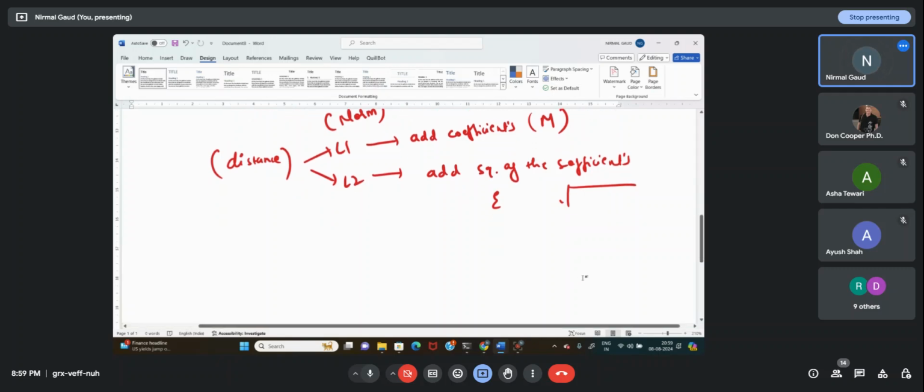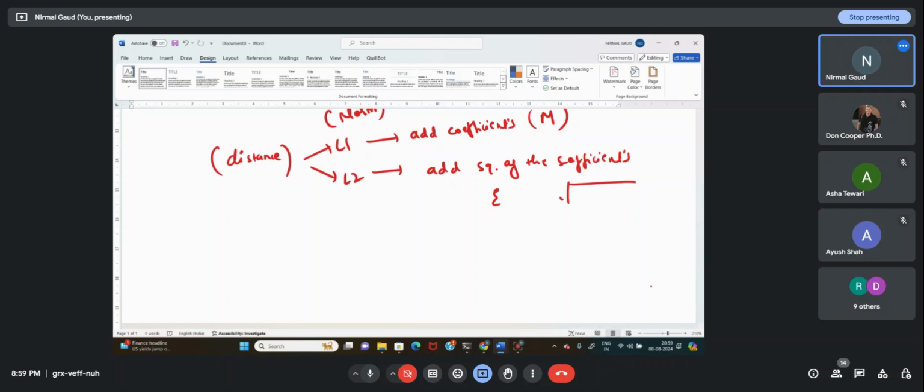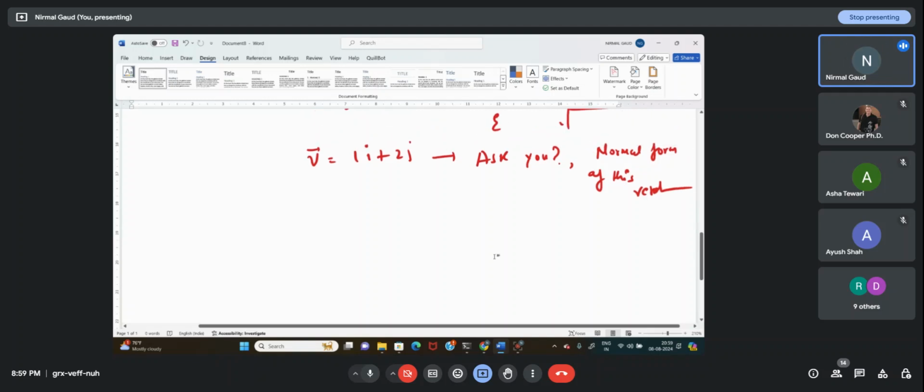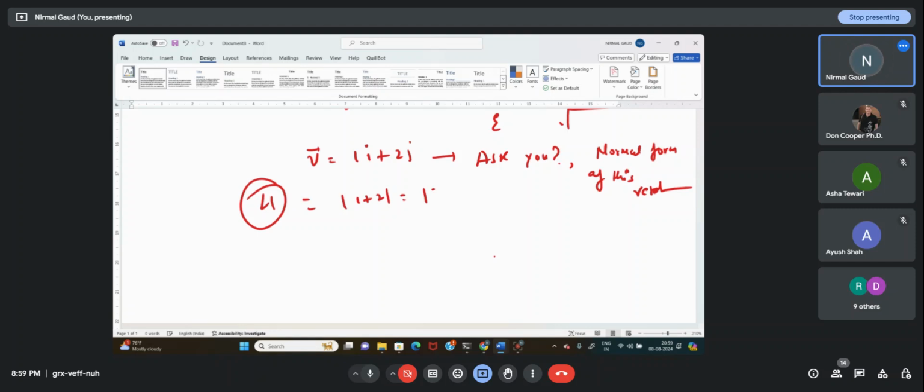Okay, and if you are given a vector like 1i plus 2j, and if someone asks you to kindly tell the normal form of this vector, and says to give the L1 normal form, we'll say okay, L1 norm is 1 plus 2, so that is 3.